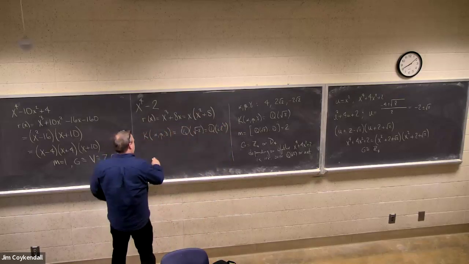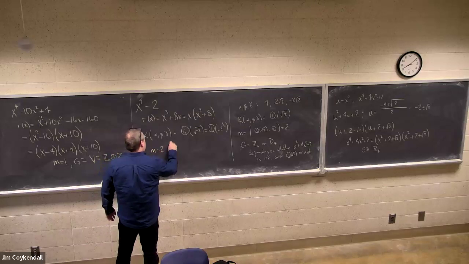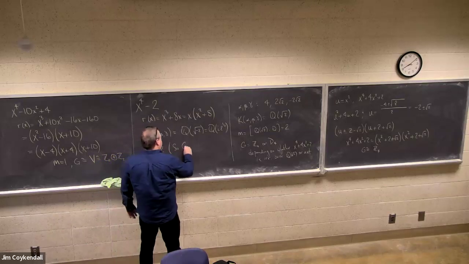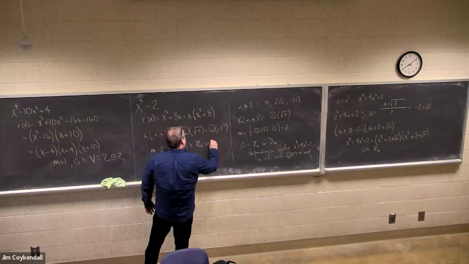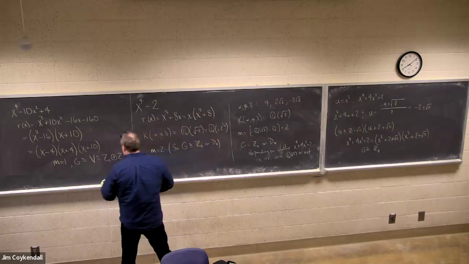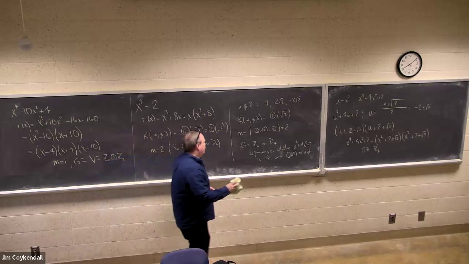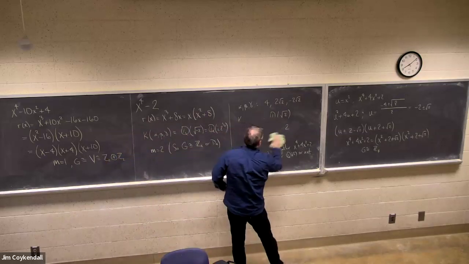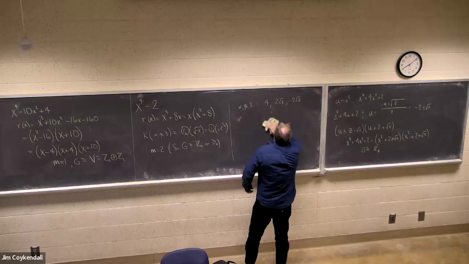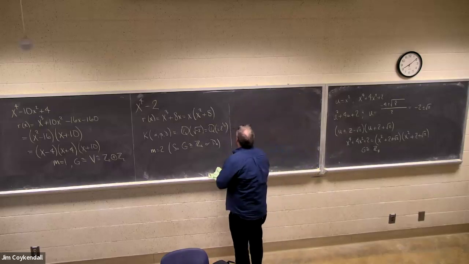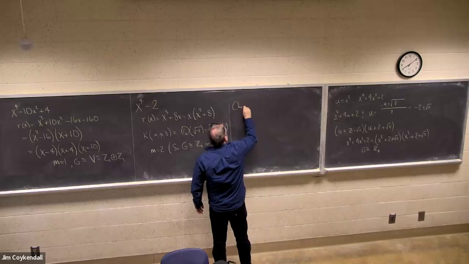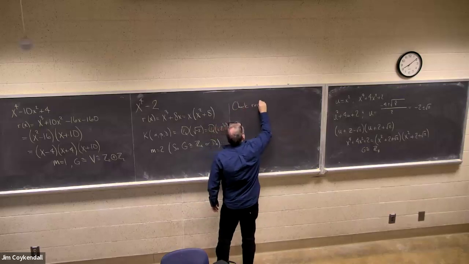So again, in this case, G is isomorphic to Z4 or D4. And what we have to do is check the irreducibility. Let's check reducibility.